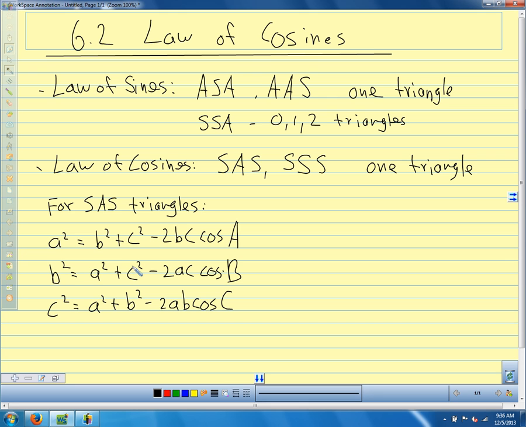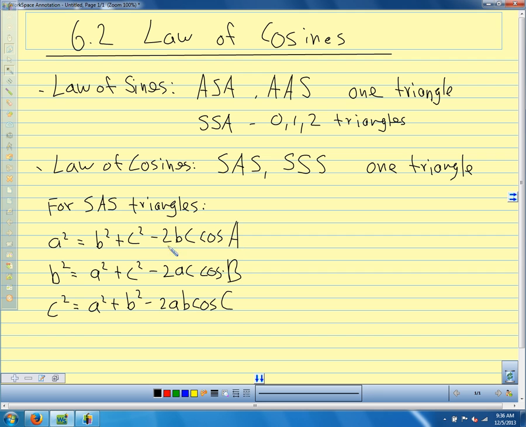All right, so let's look at this for a second. If we covered up this term, and we just had a squared equals b squared plus c squared, what is that? That's the Pythagorean theorem. What if angle A is 90 degrees? What's the cosine of 90 degrees? 0.